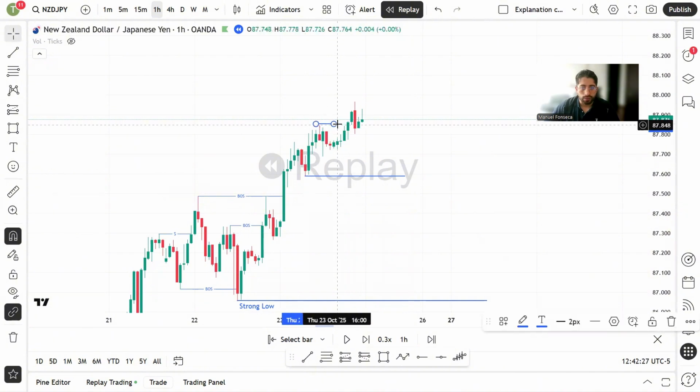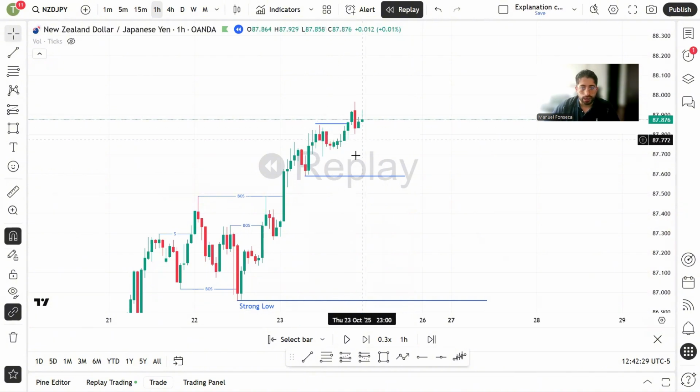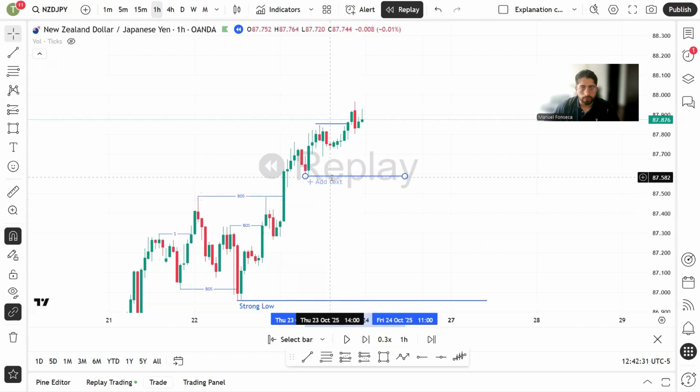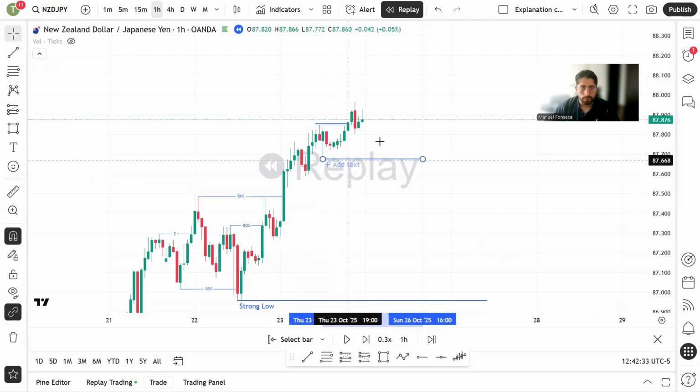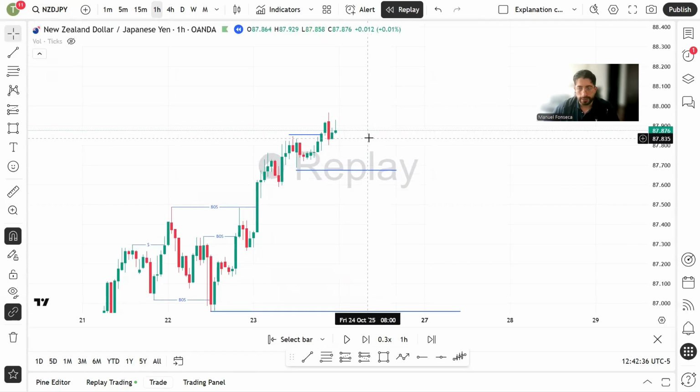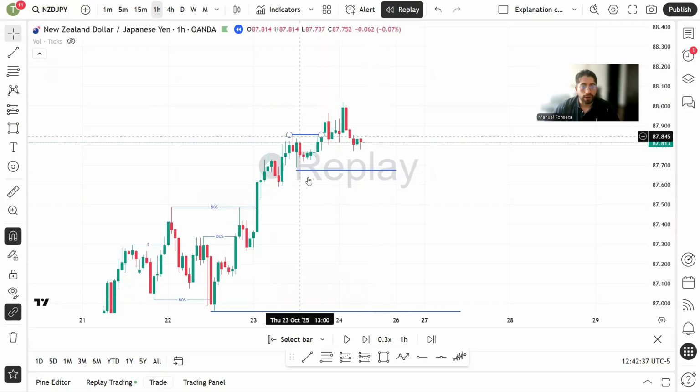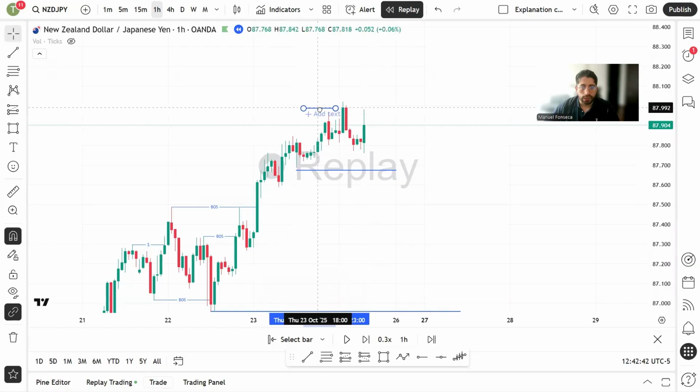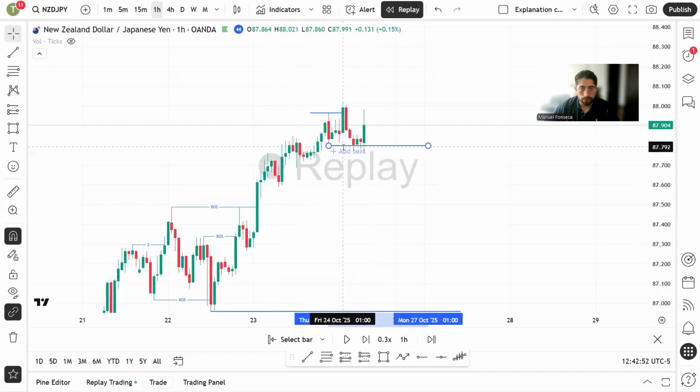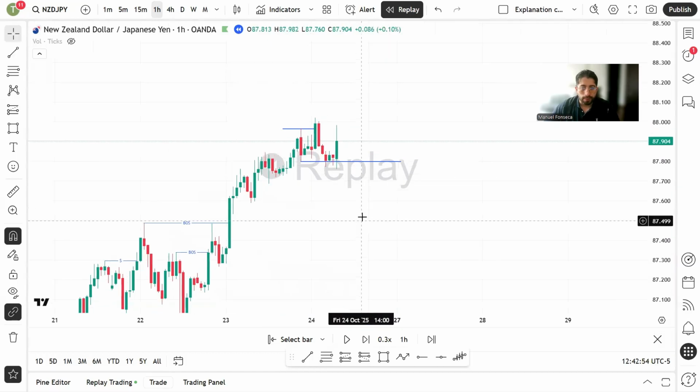This could be our liquidity taken, and this low could be our possible break of structure. Let's see. The price keeps pushing up, right? So now this liquidity taking right here is what we consider the liquidity taking, and probably this low here could be considered our BOS, break of structure.